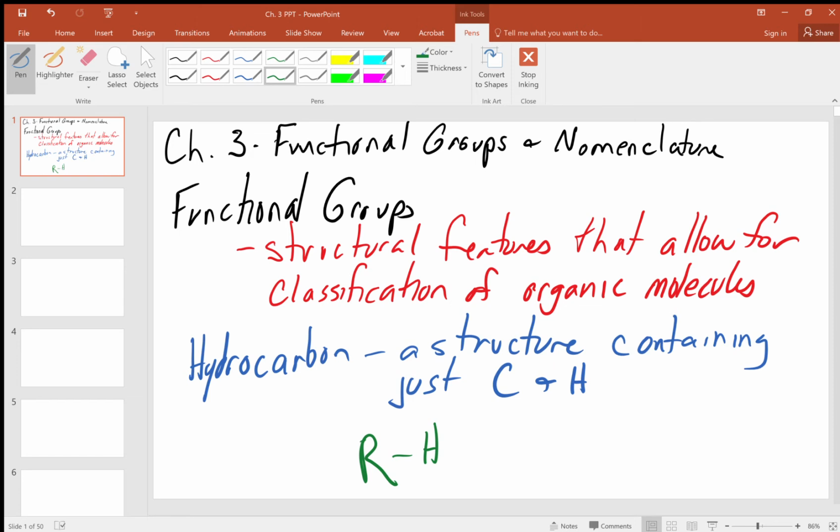If you look on the periodic table, you're going to find that R doesn't appear anywhere on the periodic table. And that's because it's not an element. R is just a generic hydrocarbon group. So it could be 1 carbon, it could be 100 carbons. It's just some number of carbons, and we're just using R as an abbreviation.